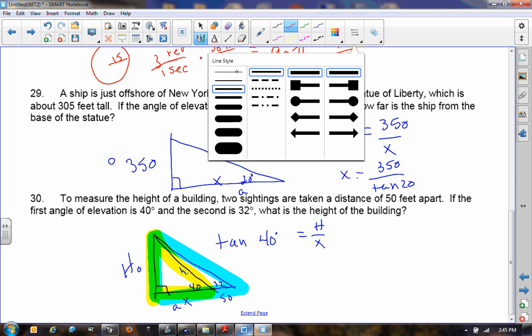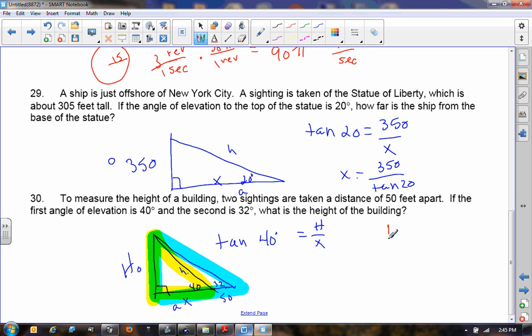Second triangle, you know this about it. It's the tangent of 32, opposite, over the entire distance, which is now x plus 50.